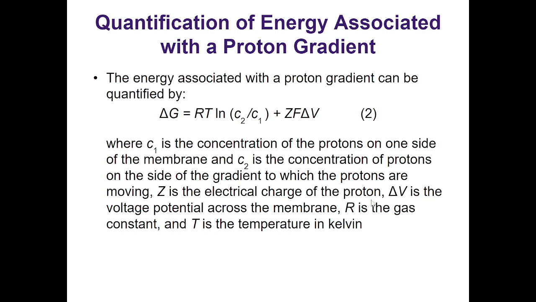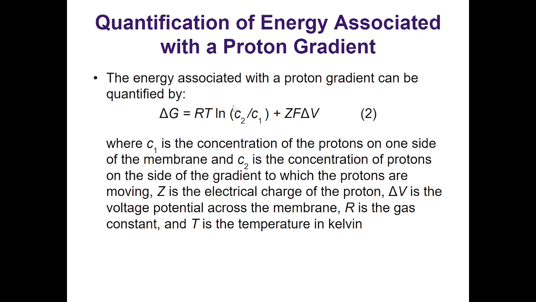Not a problem. So again, Z is the electric charge of the proton. Z, interestingly enough, does not have to be 1 in all cases, but it's usually 1. Delta V, again, is the voltage potential across that membrane. It's a very weird way of stating it, but it is. R is the gas law constant.